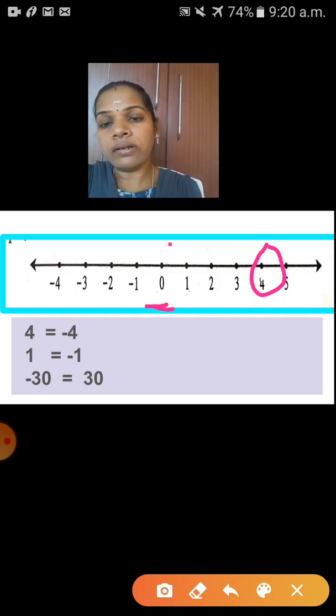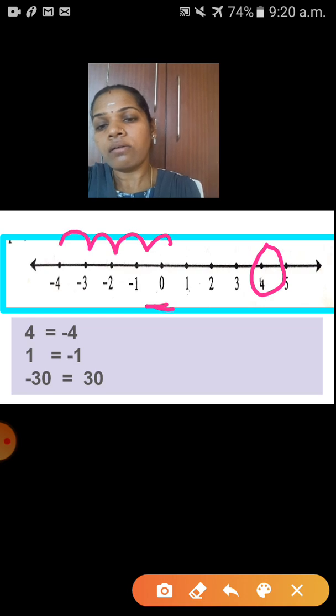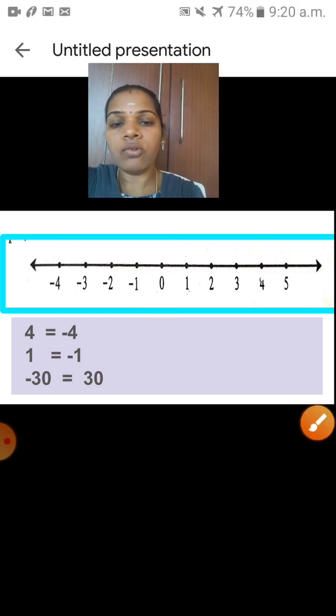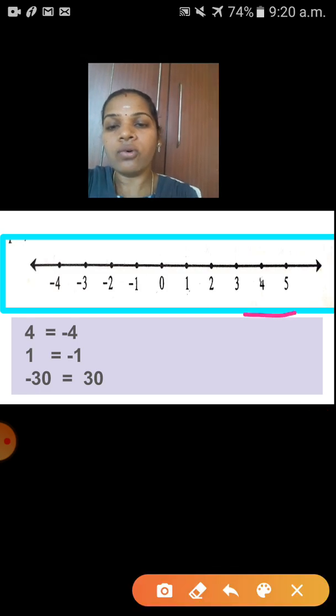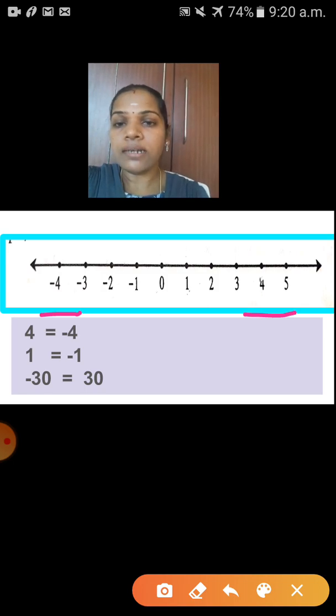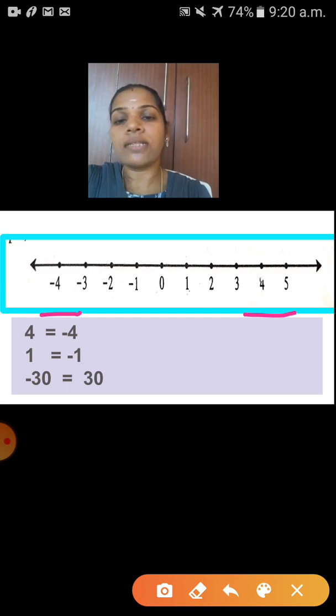So where will you reach? Yes, that is negative 4. So this positive 4 and negative 4, these two numbers are at the same distance from 0 but in opposite direction. So we can say positive 4 and negative 4 are opposite numbers.